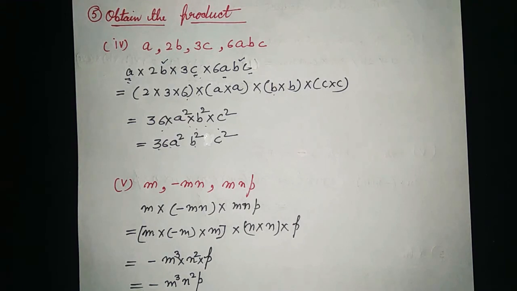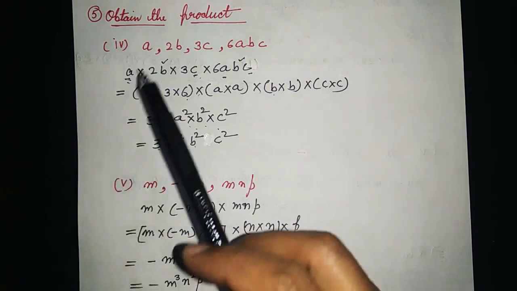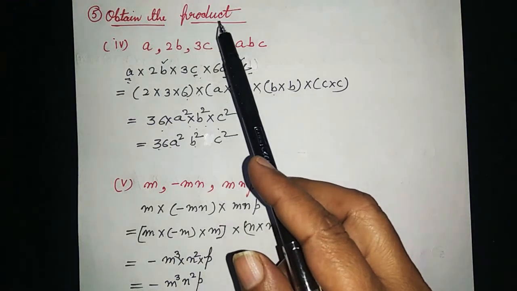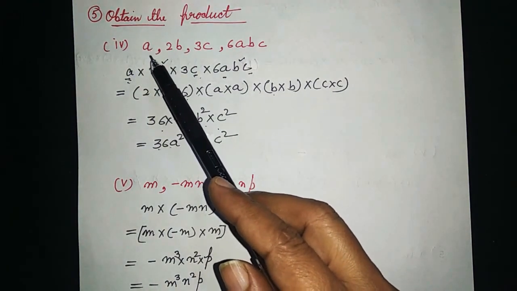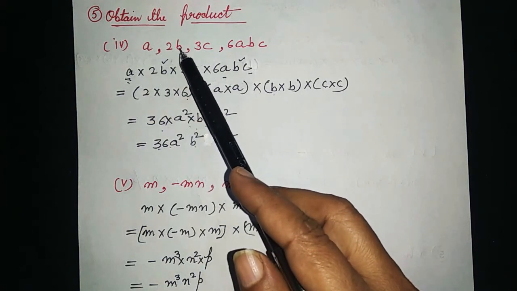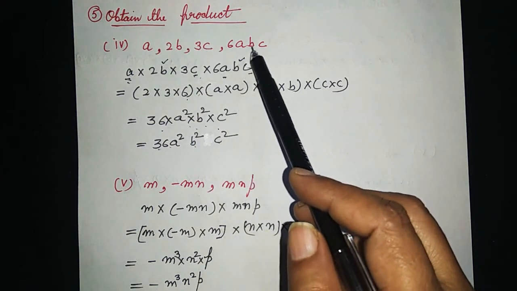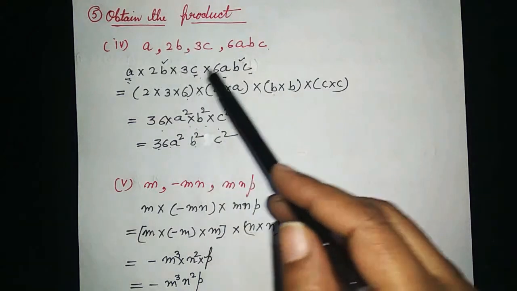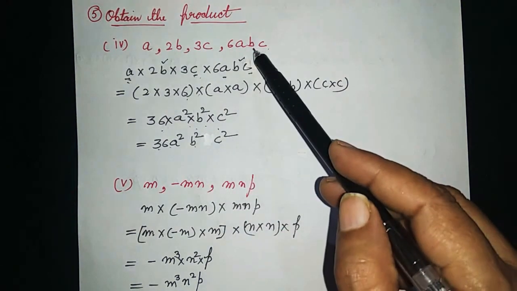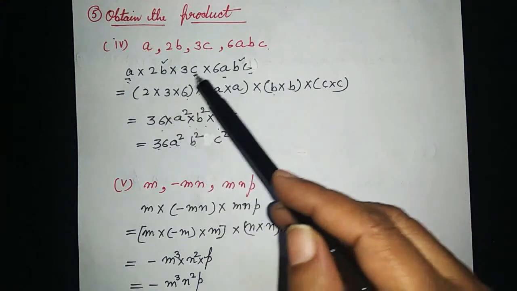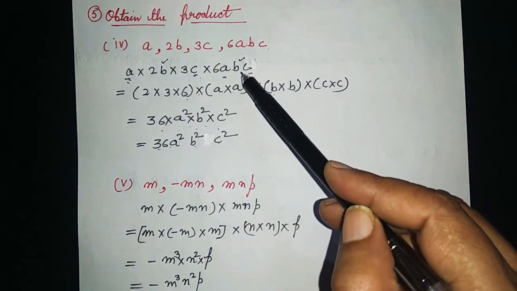Now children, see the fifth part of the question. Obtain the product. See the fourth part. Fourth part is a, 2b, 3c, 6abc. Here you can see 4 monomials. First we will write these 4 with the sign of multiplication.